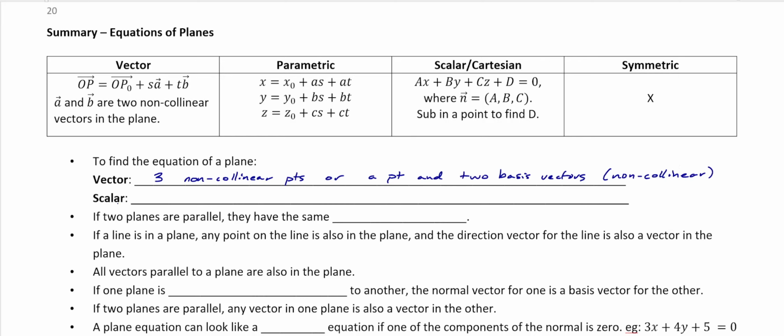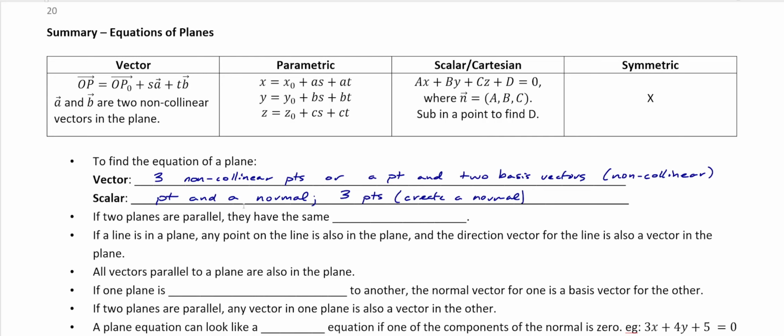If we want to find the scalar equation of a plane, we need a point and a normal. If we don't have a normal, we can just find 3 points, create a normal, right? And then we can find that out, okay?